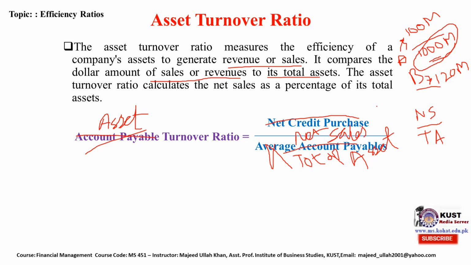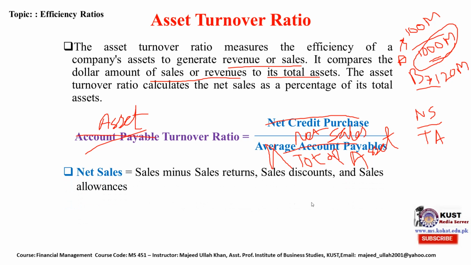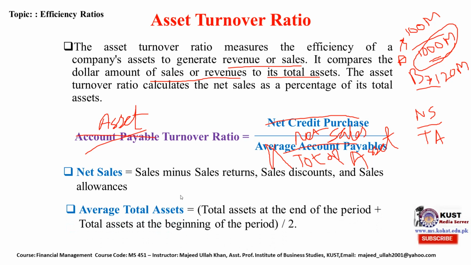Net sales means sales minus sales discounts and sales allowances.